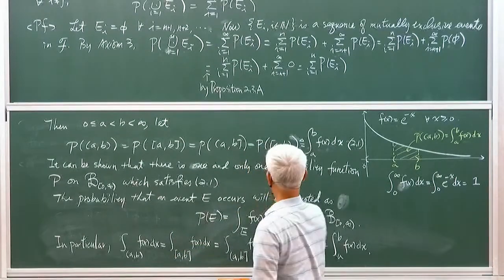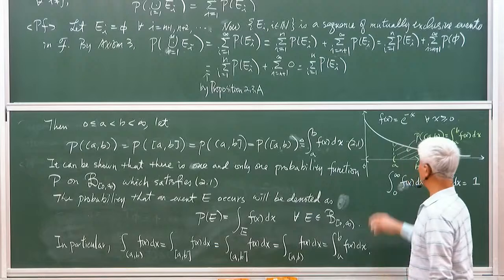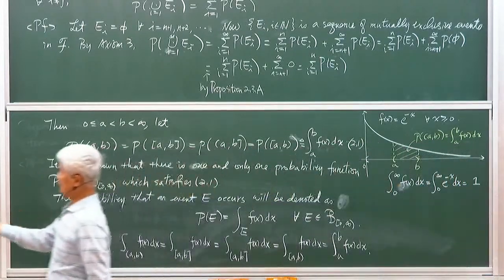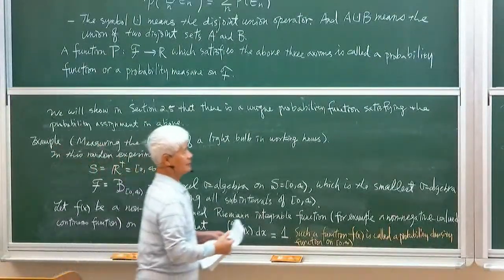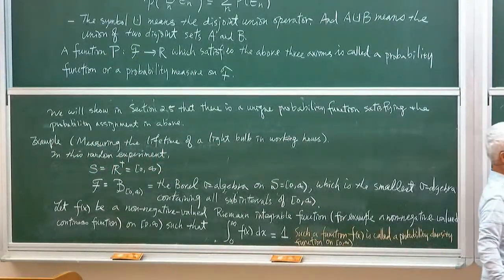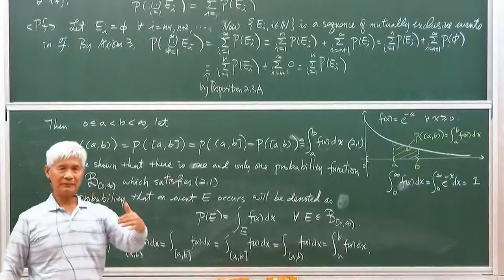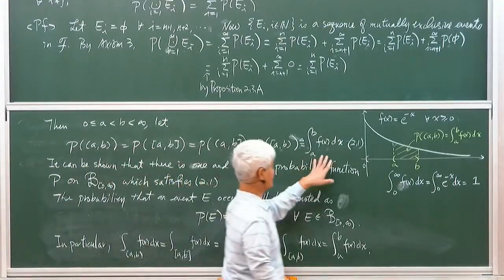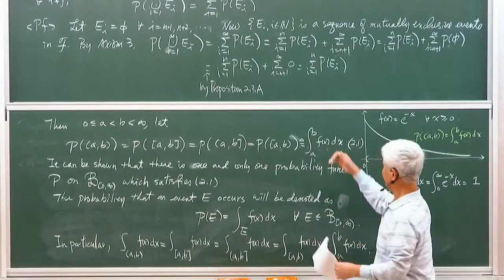And here we just give you the probability density function. With the probability density function at hand, you can assign the probability to each subinterval of the semi-infinite interval from 0 to infinity.